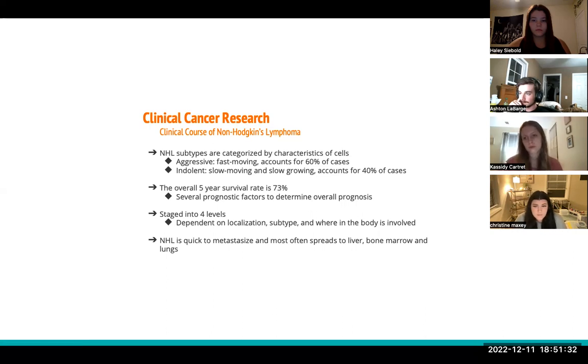Patients with low-grade lymphomas have increased survival of 6 to 10 years. However, they can transform into high-grade lymphomas. It is staged into 4 levels, dependent on localization, subtype, and where in the body is involved. NHL is quick to metastasize and most often spreads to the liver, bone marrow, and lungs.